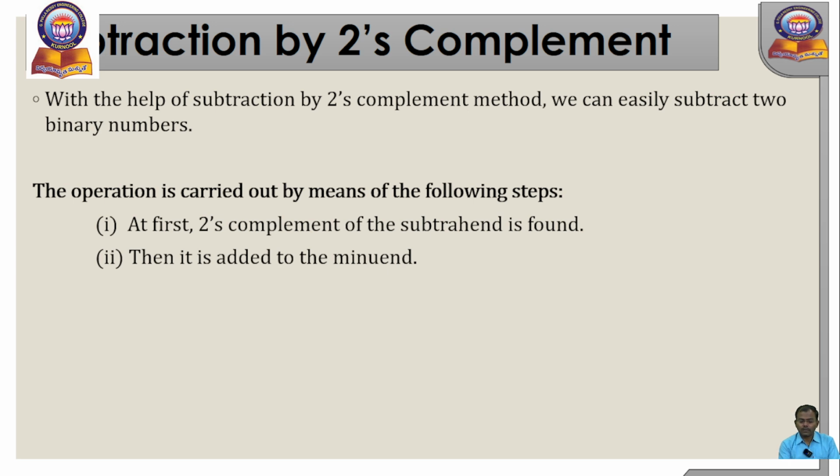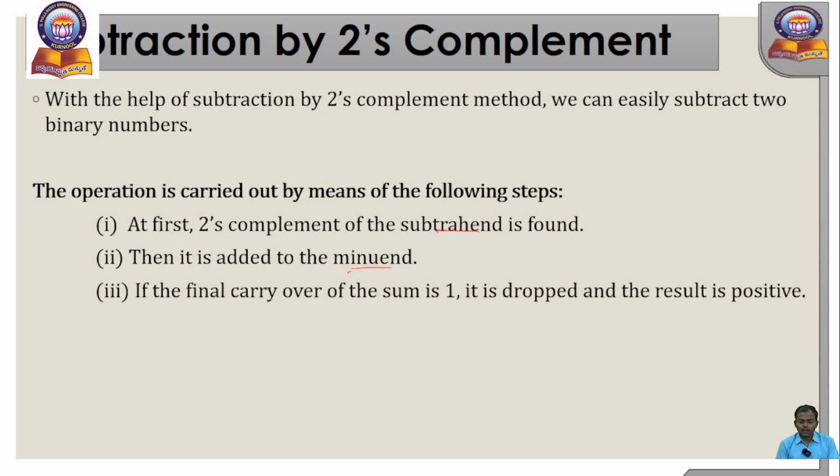I will let you know what the subtrahend and the minuend are. Then if the final carry of the sum is 1, it is dropped and the result is positive. Remember this.